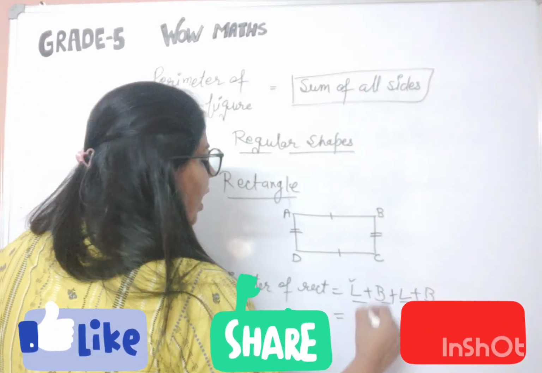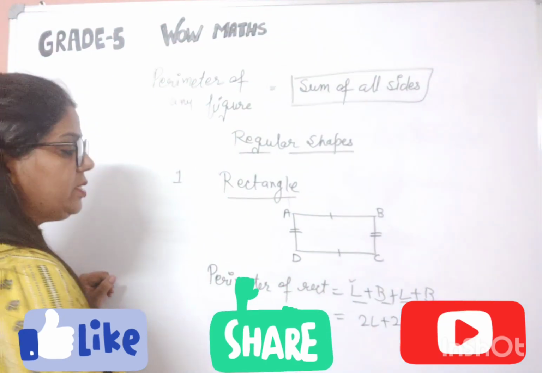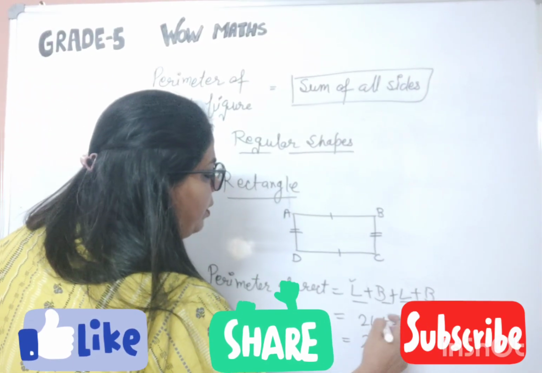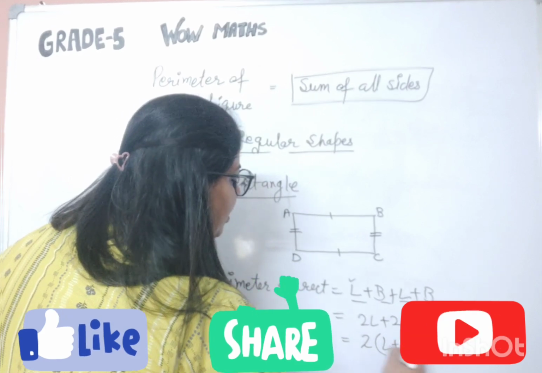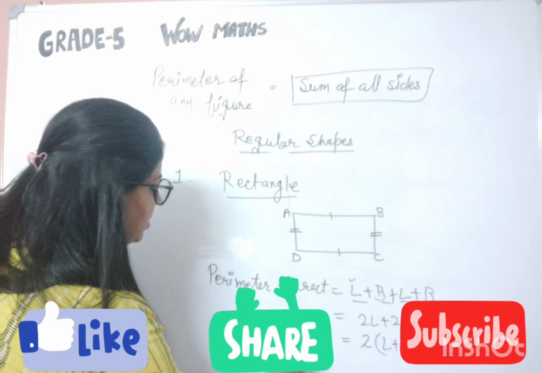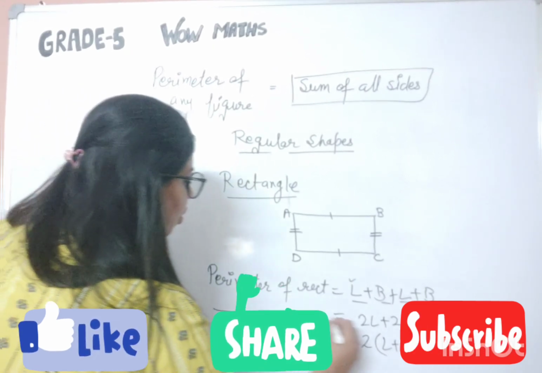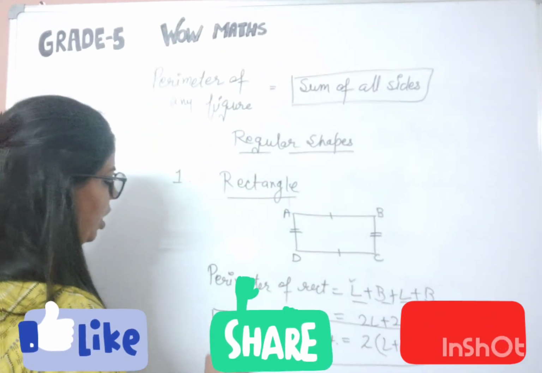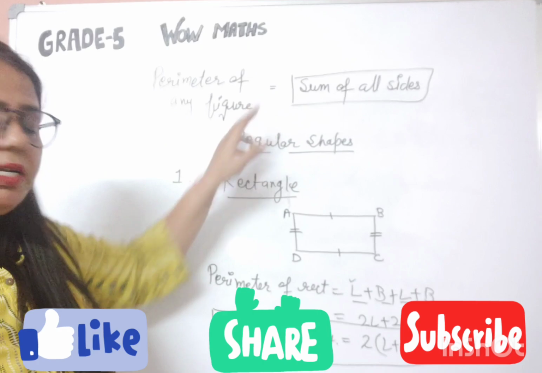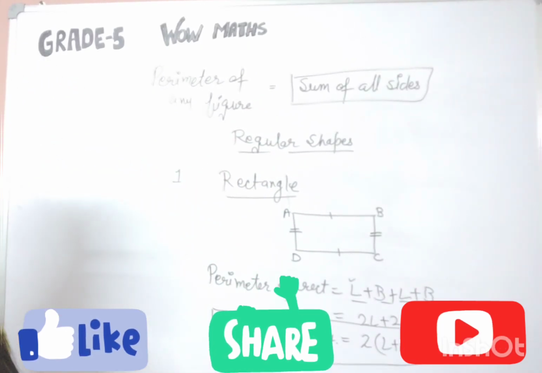From there I can take 2 common, and length plus breadth will remain. This is the formula we are going to use in exercise 9.1 to find the perimeter of a rectangle. This is how we derived the formula: the perimeter of the rectangle is 2 multiplied by length plus breadth.